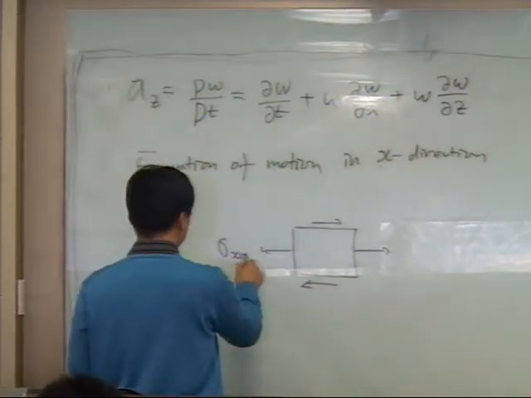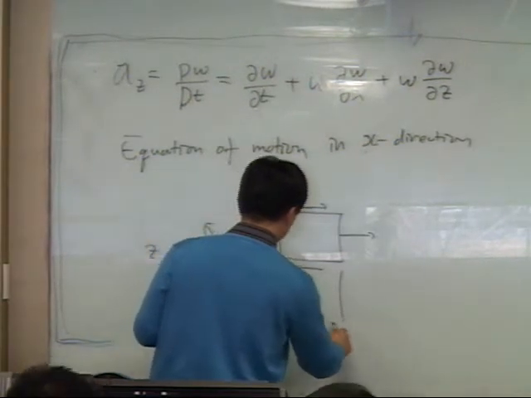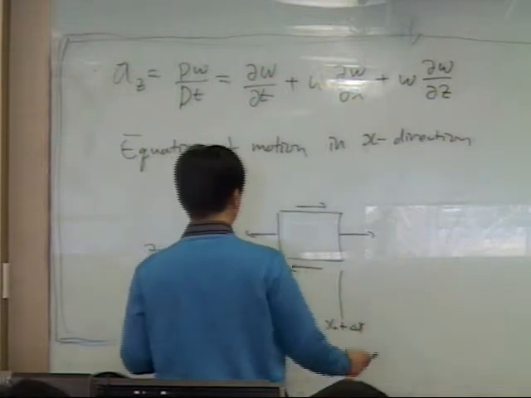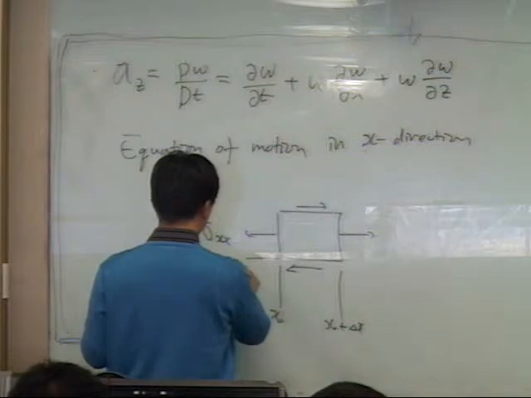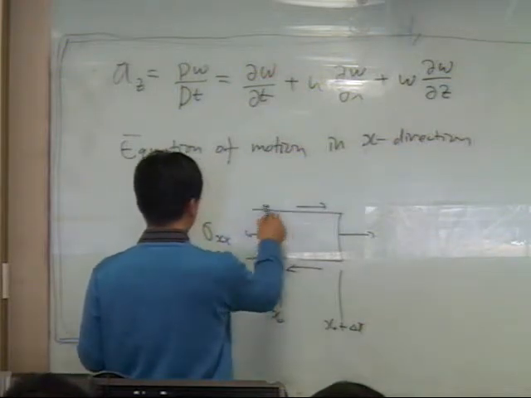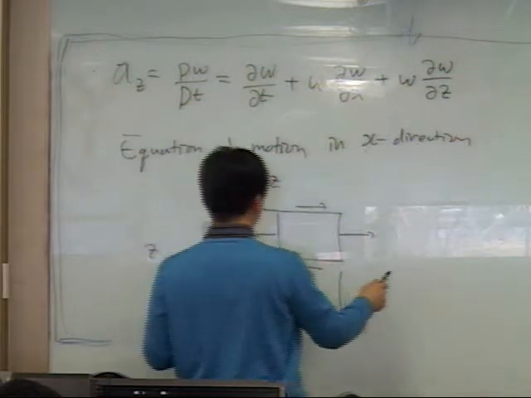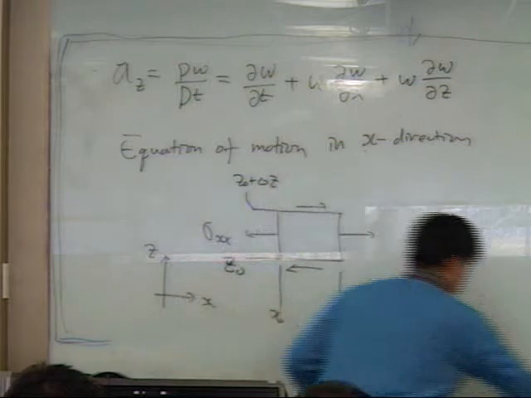Stress xx. And let's say this is an x0 position. This is x0 plus delta x. And this is y0. And this is position y0 plus delta y. So here I'm going to use the lead pen.